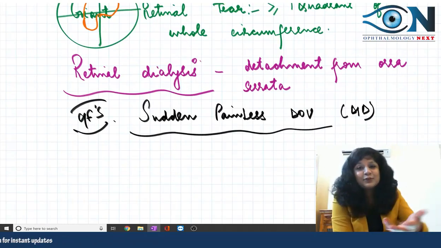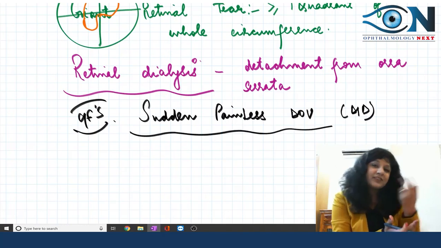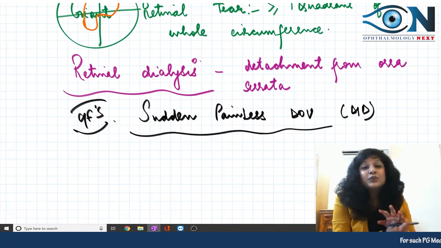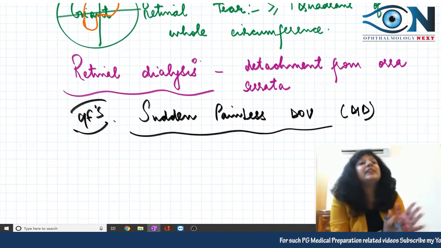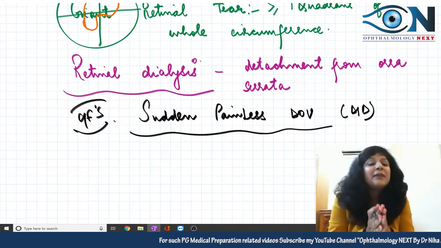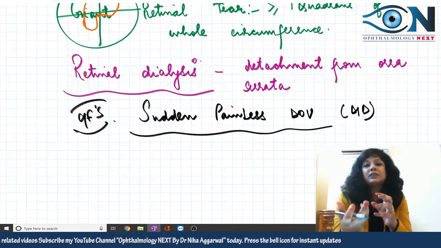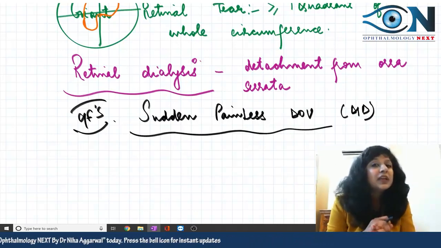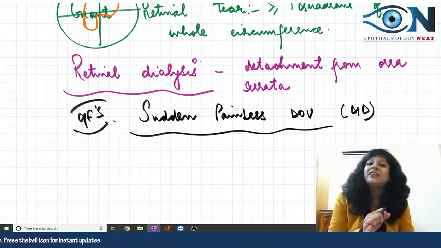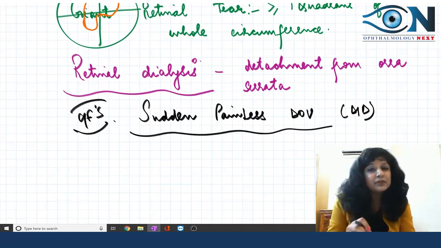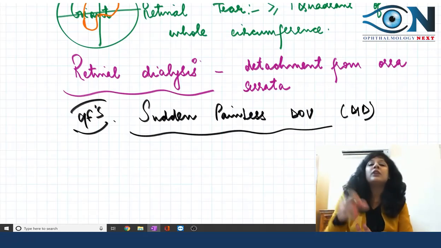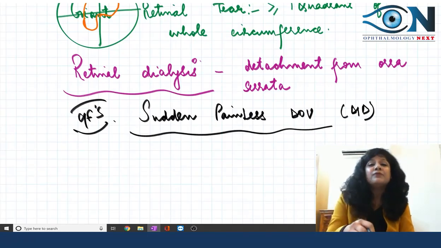I have listened to them more carefully than you people do, so that I can extract important things and tell them to you. The skill of doing MCQs means how to grasp that clue point, where the examiner wants to take you. So always start, whether it is gradual painless diminution of vision, or sudden painless, sudden painful, like this.